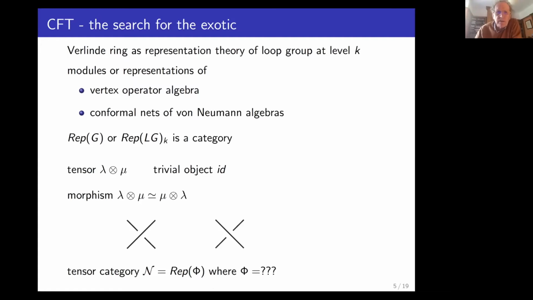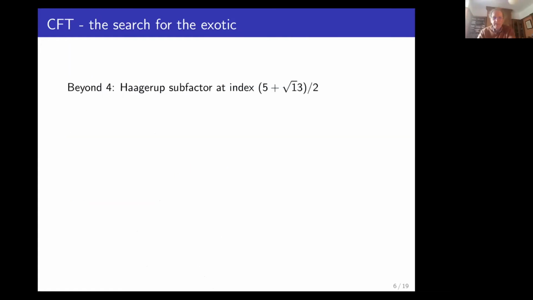So there's two cases I want to focus on, which are closely related. Now, for index 4 and below, that's completely classified by ADE diagrams, and they're affine ADE diagrams at exactly index 4.